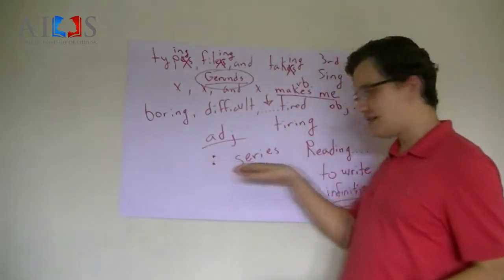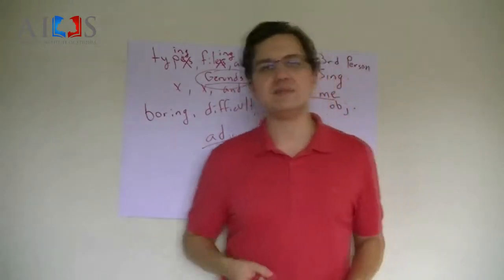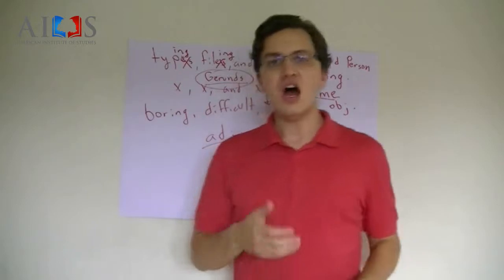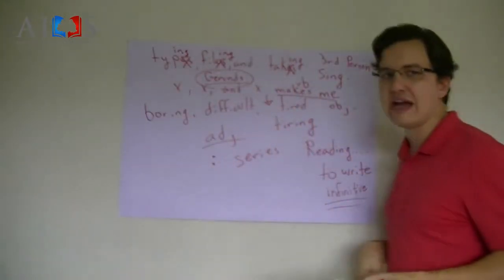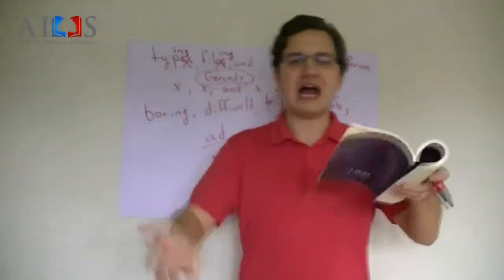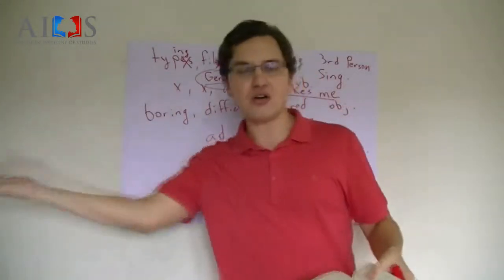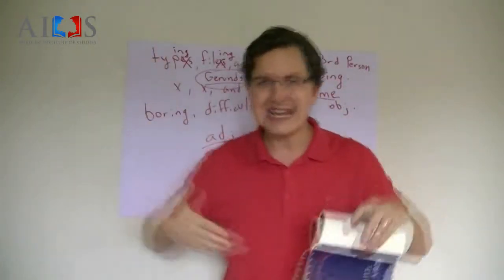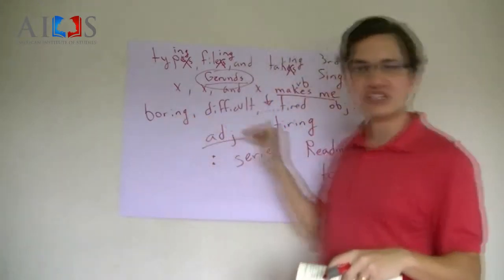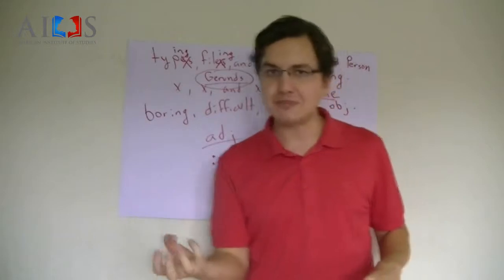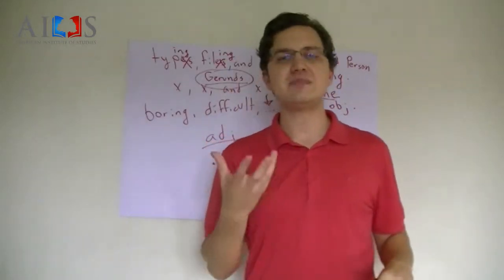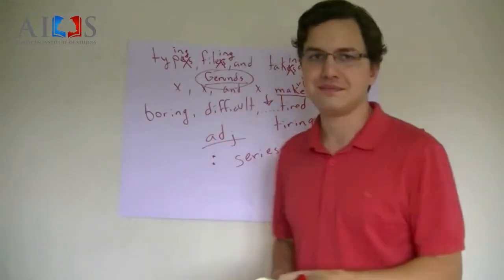You have a colon and a series, they need to be the same. Also, like with this example, reading and to write, if you have ideas that may be far away in the sentence, connect to each other. Either because they're verbals, because they're subjects, because they're objects, they need to be expressed the same.